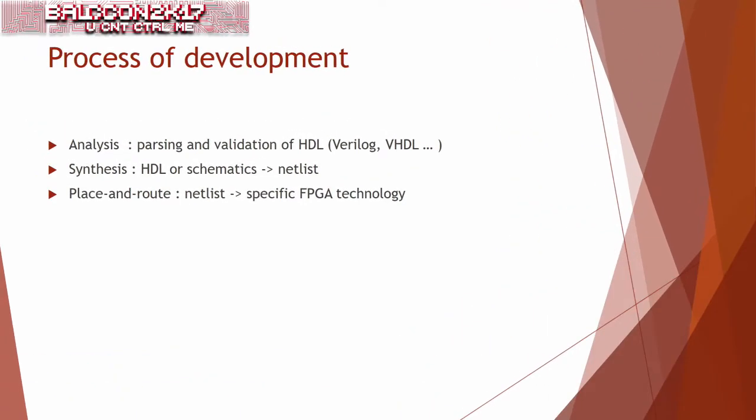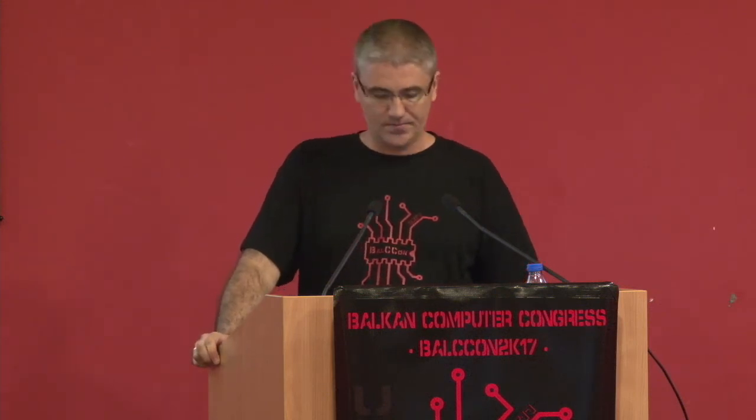So we know that we have those LUTs on the board, and when we need to create a final product, the place and route tools take our so-called compiled code and do the place and route for that specific FPGA technology.